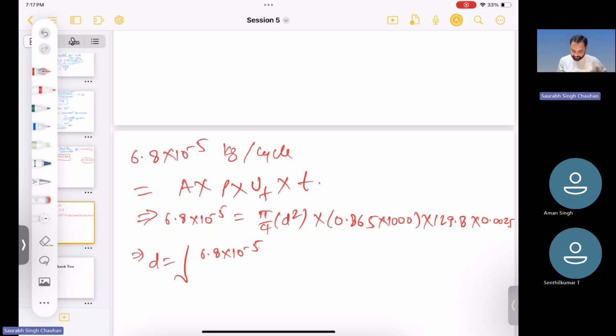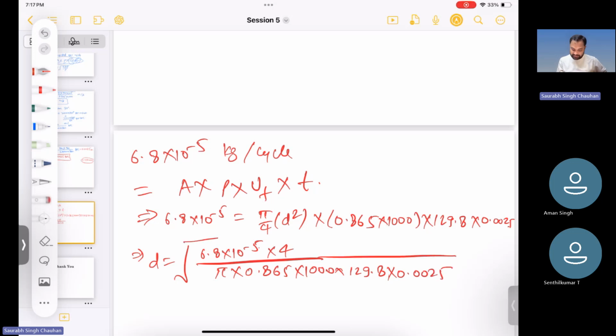the power minus 5 into 4 divided by pi into 0.865 into 1000 into 129.8 into 0.0025. Let us calculate this value.